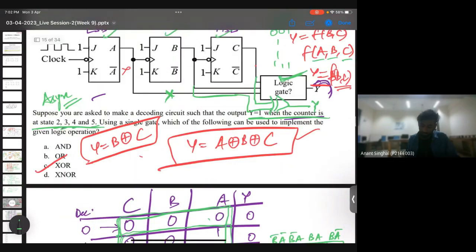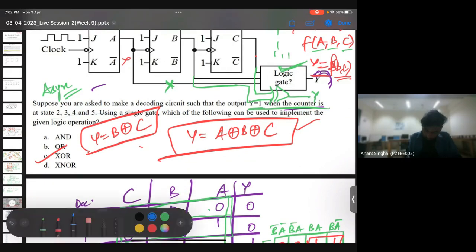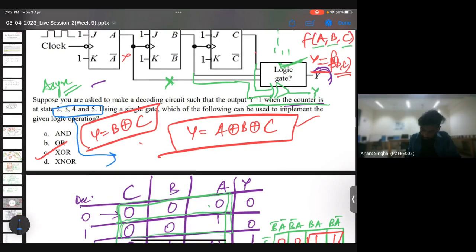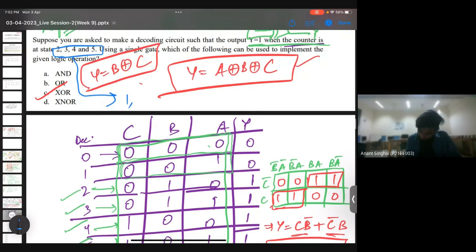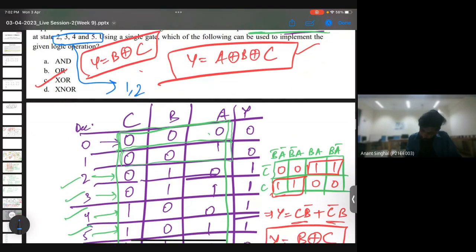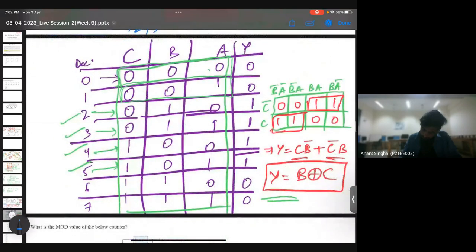Yeah, sir. So similarly, you can check this by changing the 2 3 4 5 to maybe this will be 0, this will be 1, 2, 3, 7.